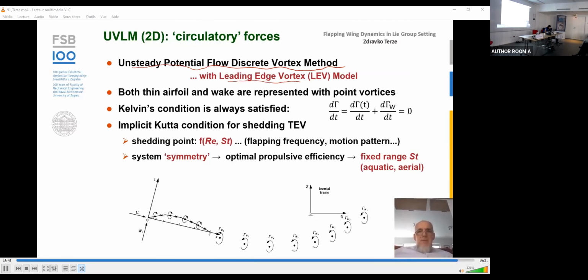To estimate shedding points, we adopt the experimentally obtained fact that for optimal propulsive efficiency, the Strouhal number of the flow should be kept in a fixed range. This fact can be used for calculation of shedding points.